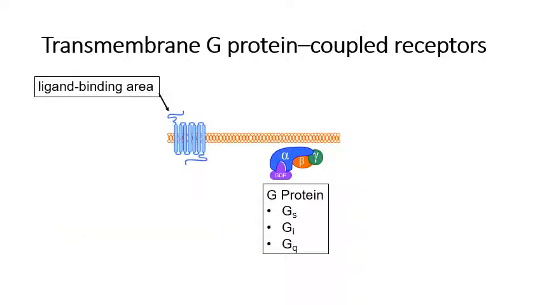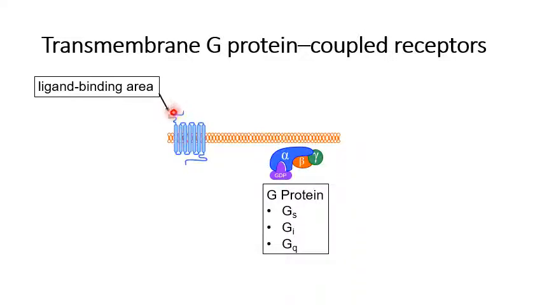The other type, as we said before, is the G protein coupled receptors. These are transmembrane receptors that have an outer domain in which there is a ligand binding domain or area at which the drug can be bound, whether it's agonist, antagonist, or partial agonist.